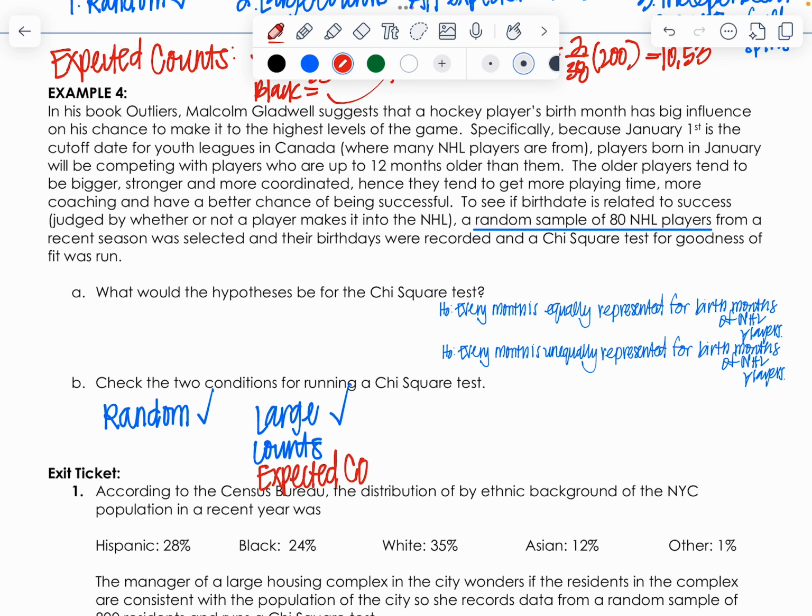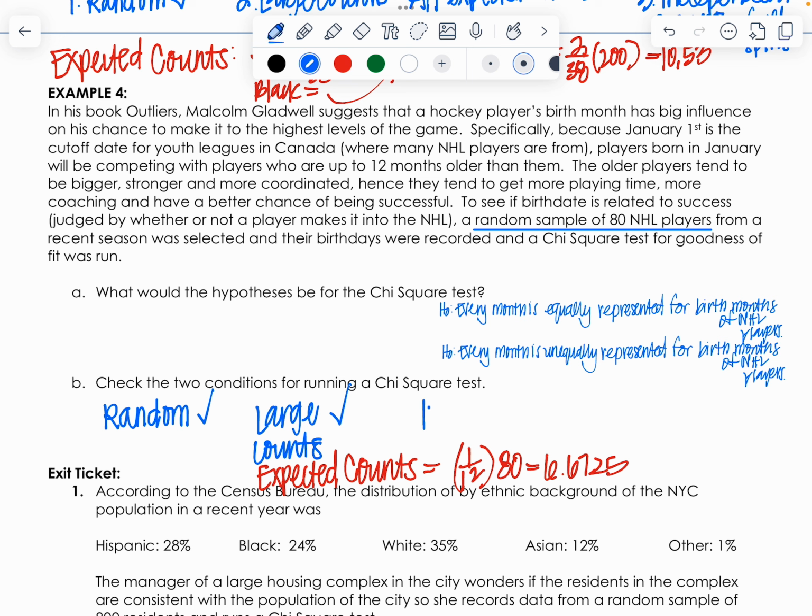Oh my goodness. In this case, because we would expect that null hypothesis to be true and every month to be equally represented, then every month would represent 1/12 of the 80 players. 1/12 times 80 is 6.67, which is absolutely greater than or equal to 5. So yes, we can check off our large counts condition.